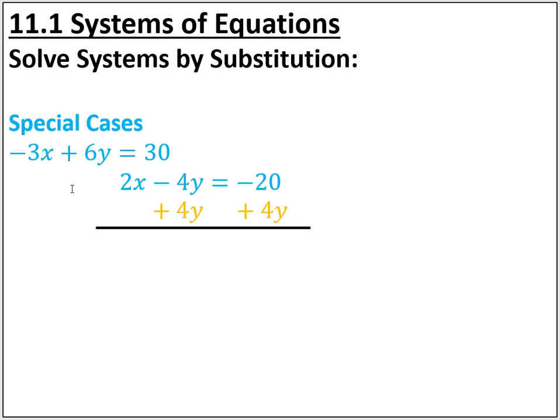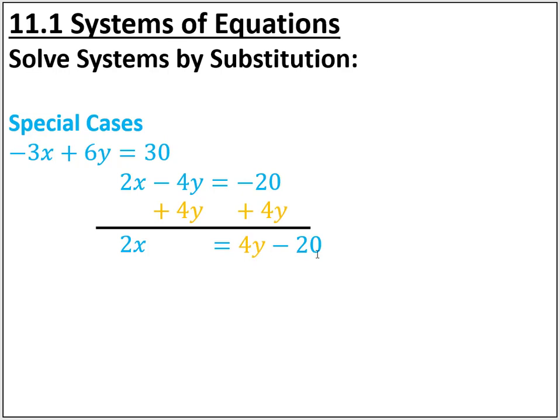On the left side I'll have just 2x, and on the right side 4y minus 20. I put the variable first, in front of the number.